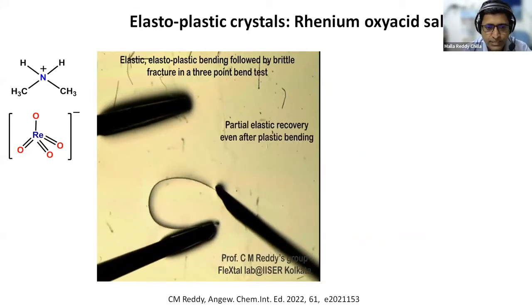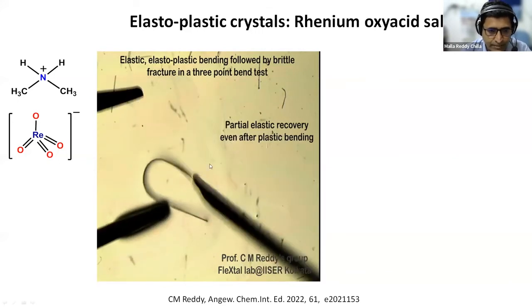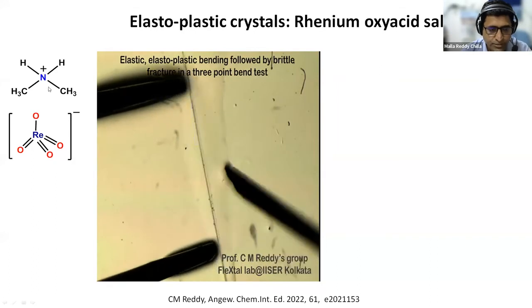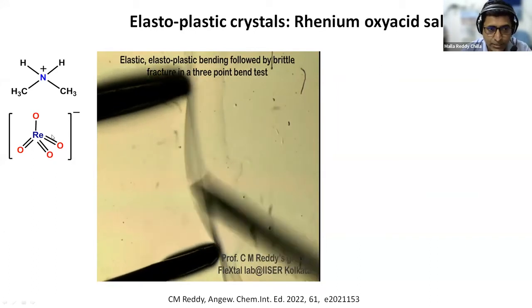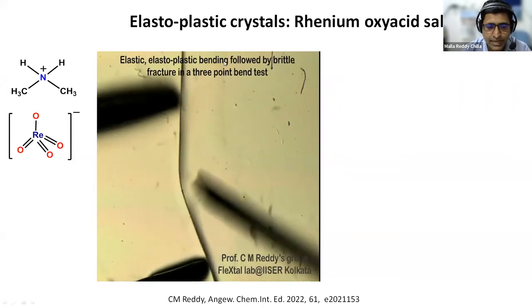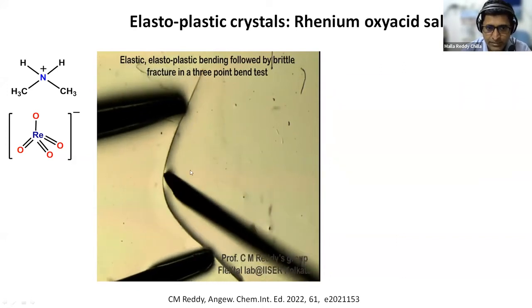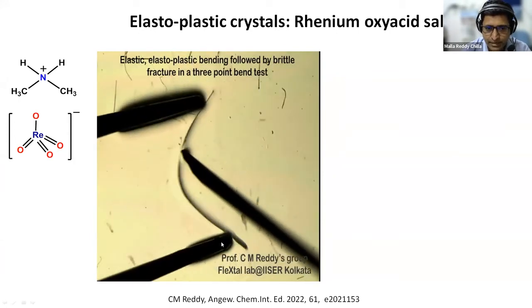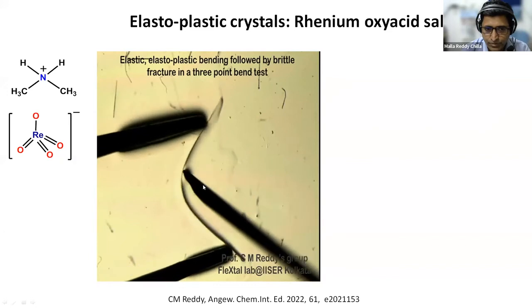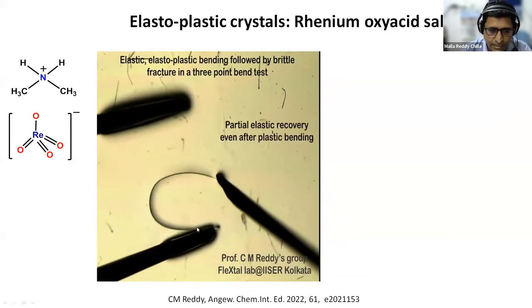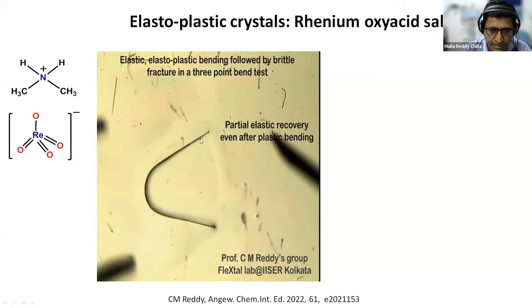And so this example was very good, and we could see both orientational disorder at high temperature and plastic and elastic bending at room temperature. As you can see here, it does not have orientational disorder at room temperature, but when you try to bend this crystal, initially it is elastic, and when you stress it further, at some stage it becomes plastic, but it still shows both plastic and elastic deformation.